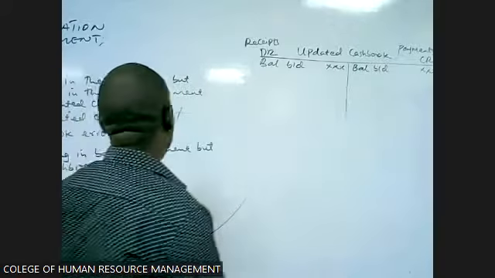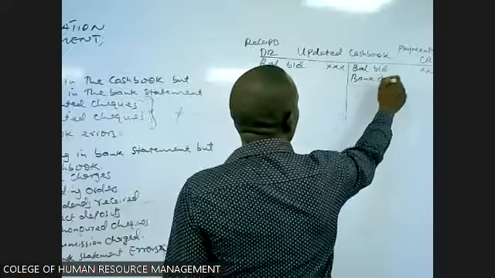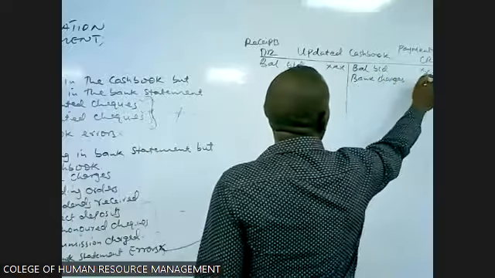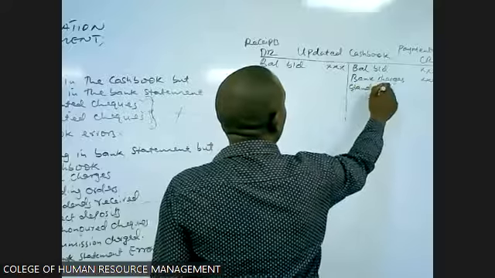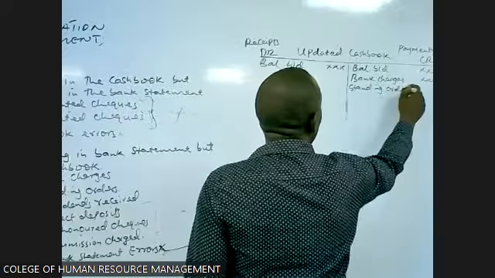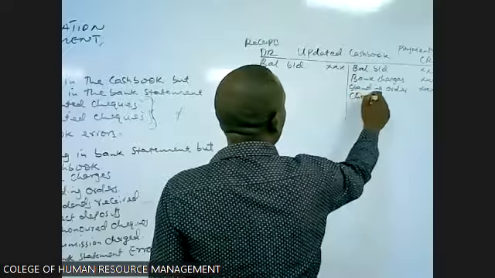So you are going to have things like bank charges. It is money out of our account, so it is a payment. Put it there. Standing order is also a payment from our account. Put it there. Even the commission charge, you put it there.